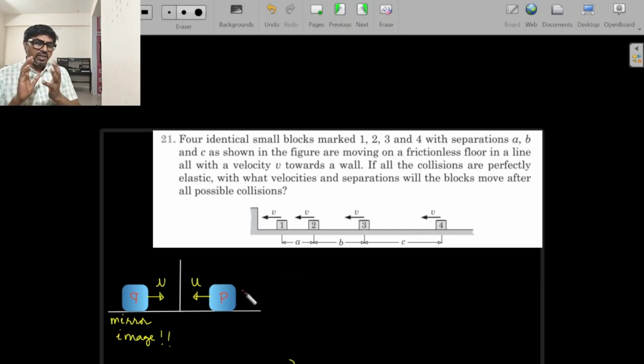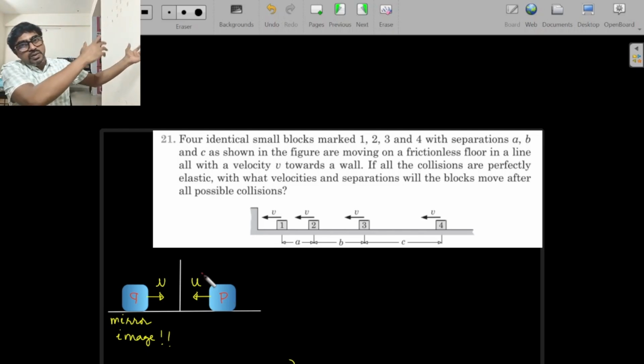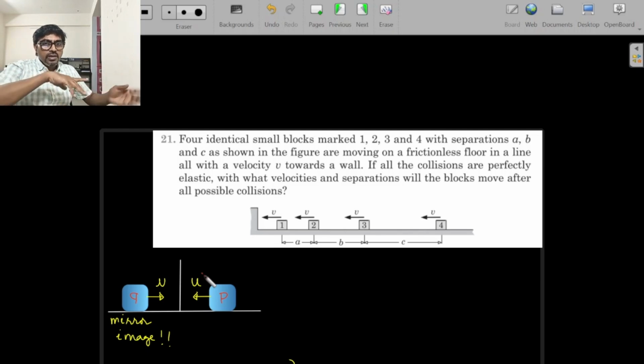The way that we can visualize this is to imagine that the wall behaves like a mirror and you have its image on the other side, and you can imagine that the block goes into the wall and its image will come out simultaneously. As the block goes into the wall, the image will come out with the same speed in the opposite direction. So, mirror image idea.